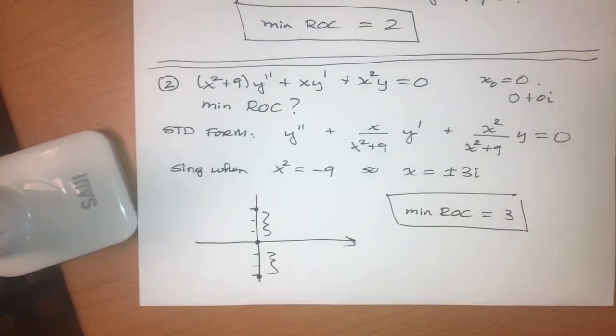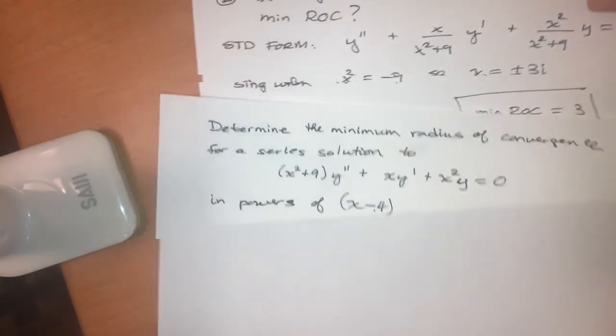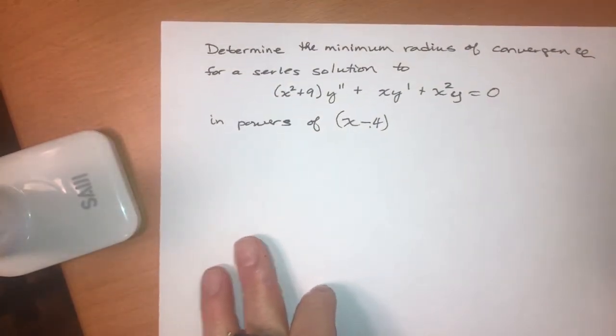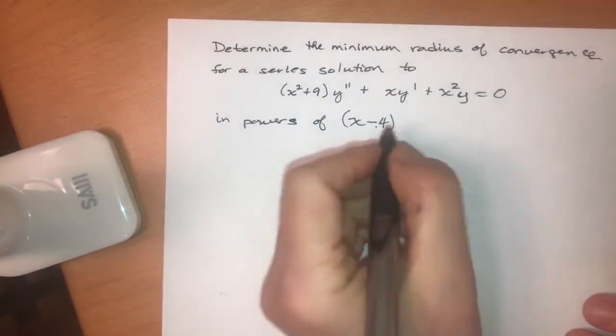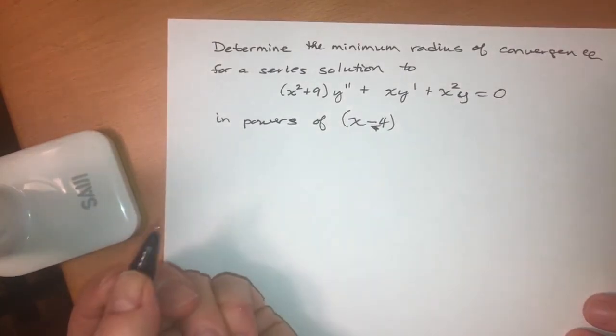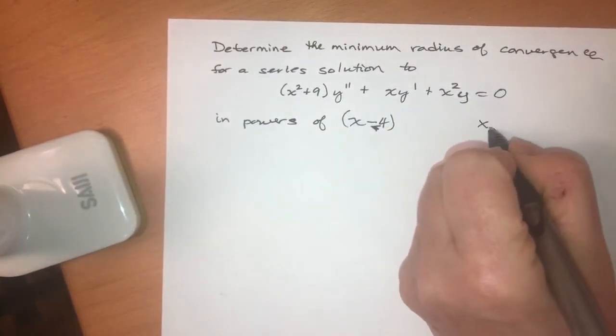So now we're going to take that same equation that we just used, and we're going to determine the minimum radius of convergence for it in terms of powers of x minus 4, not 0.4, that's a scribble. So this means that the target value is 4.